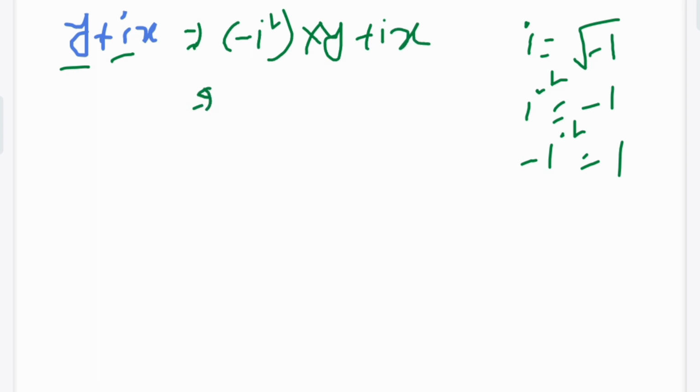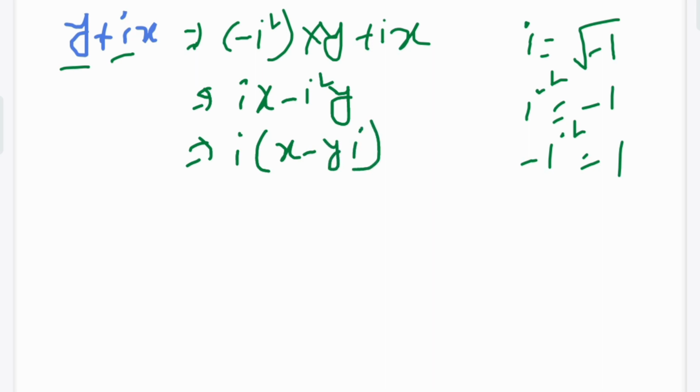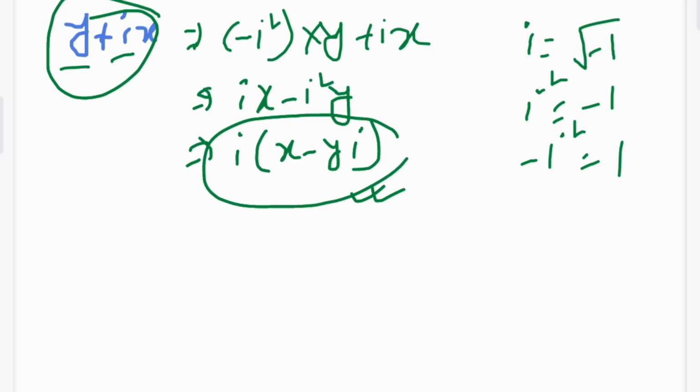So next line is ix minus i square y. Let's take i common out, so x minus yi or iy. I hope you understand. All right, so let's replace y plus ix with this value.